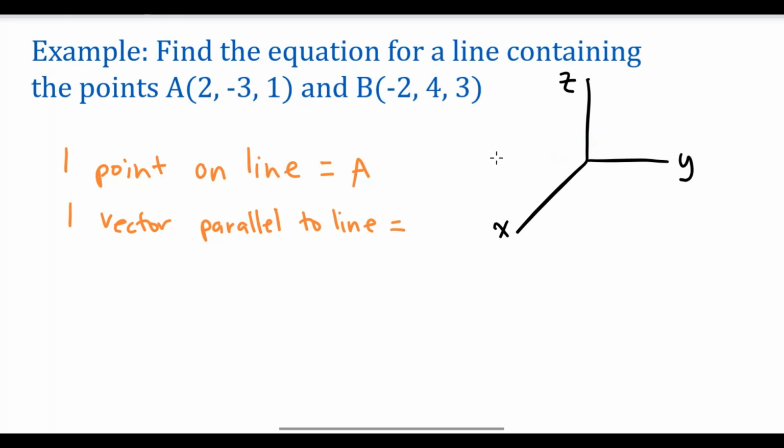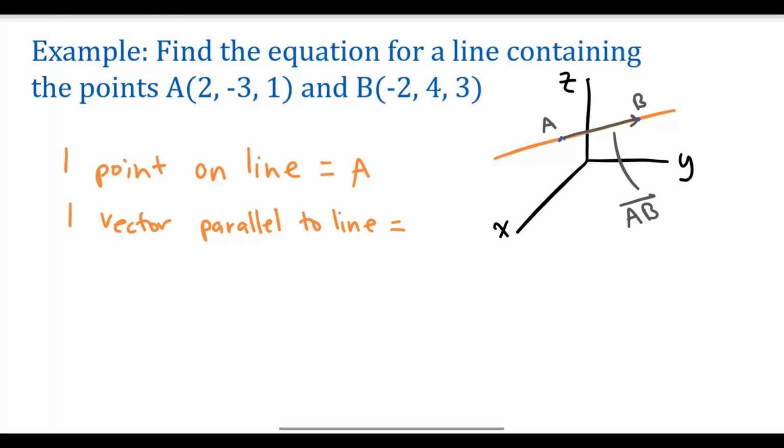Hypothetically, if I'm given a line and I also am given 2 points on the line, we can see that a vector parallel to the line is actually the line containing the 2 points themselves. So this is the vector. And if this is A and this is B, then this vector is vector AB.